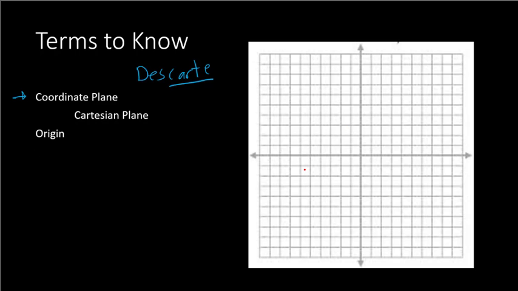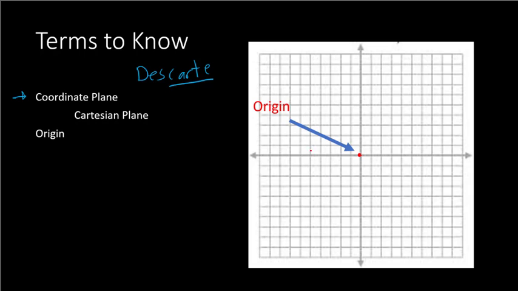First off, we have what's called the origin. Origin means beginning, and that location here on the coordinate plane is this point right here. And that point, notice, is where these 2 lines intersect. We have this line going up and down, this vertical line, and the line going left and right, which is the horizontal line.